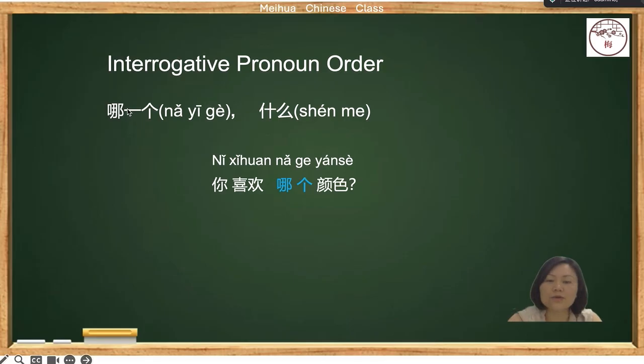You can omit the number here because the measure word already means a single one. So you can keep the one or you can ignore it. 你喜欢哪个颜色?